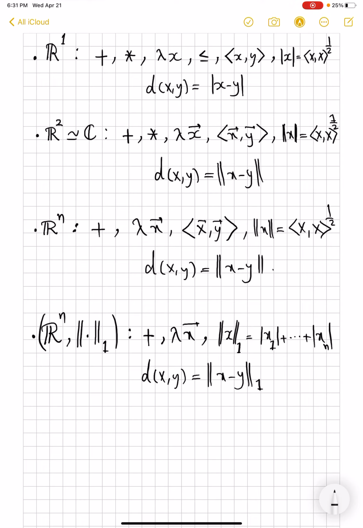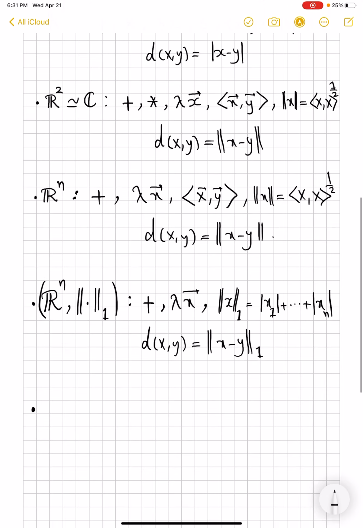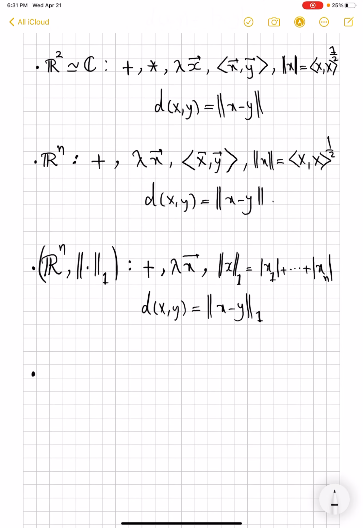All you have to do is verify the axioms for a distance function using the axioms for what a norm is. Now, moving up, there are infinite dimensional versions of this. So Rn with the inner product can be turned into a Hilbert space. This is the generalization to infinite dimension of Rn with its dot product.